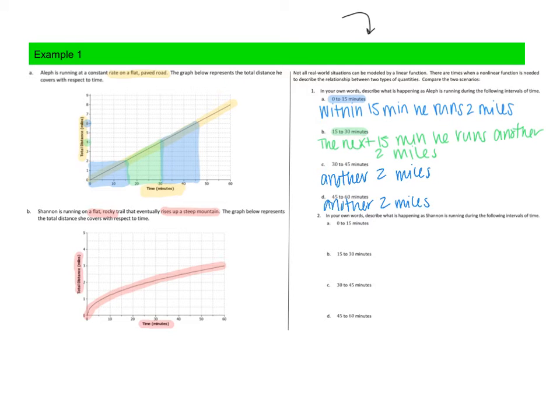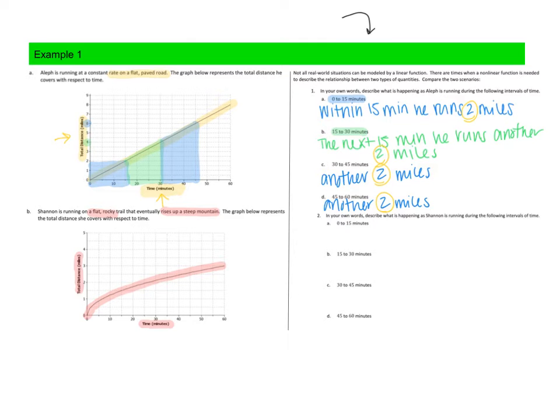You can see that he is increasing at the same rate. Every 15 minutes, he runs 2 miles. That is his constant rate of proportionality. And if we did y divided by x, distance 2 divided by 15, we would get our constant of proportionality, or our slope, our rate of change.